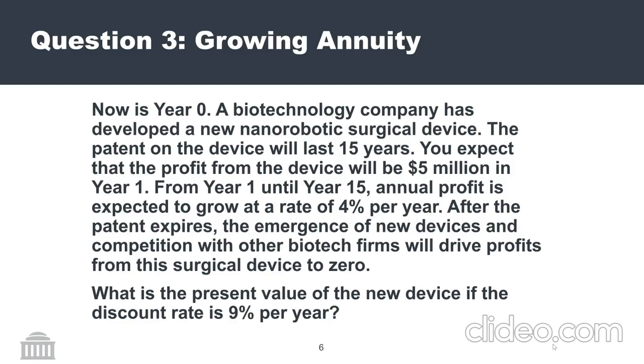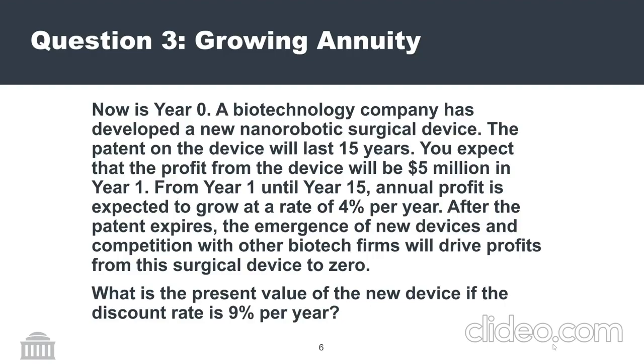Now is year 0. A biotechnology company has developed a new nanorobotic surgical device. The patent on the device will last 15 years. You expect that the profit from the device will be $5 million in year 1. From year 1 until year 15, annual profit is expected to grow at a rate of 4% per year.